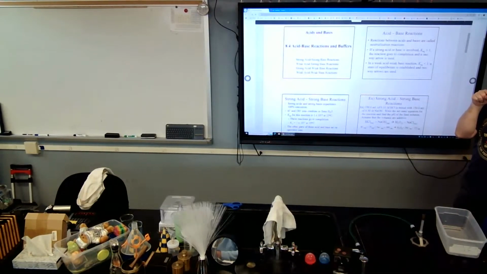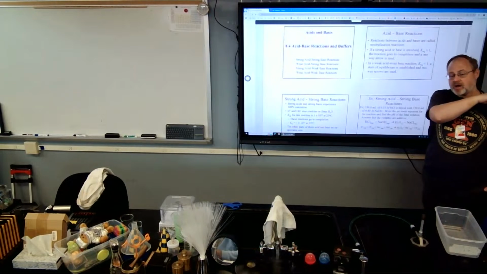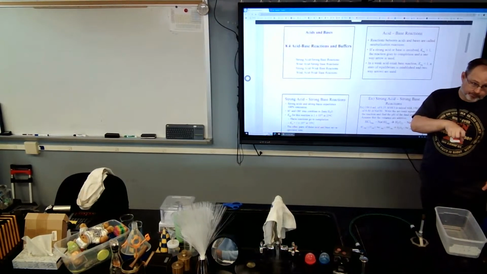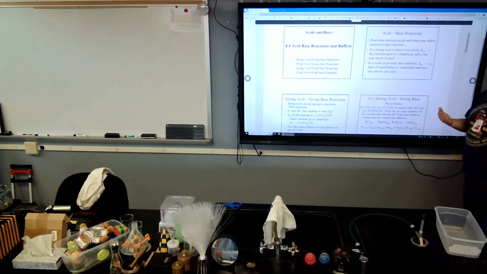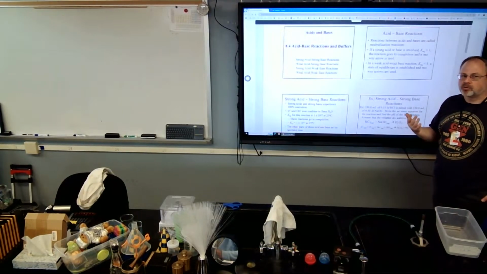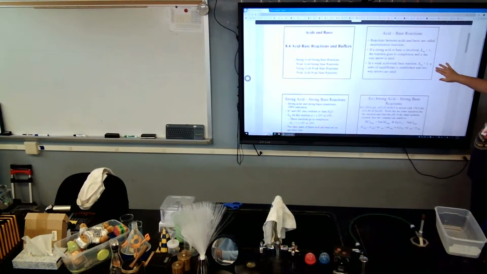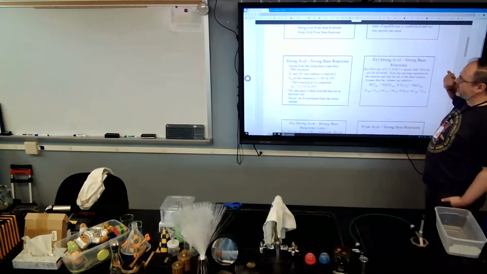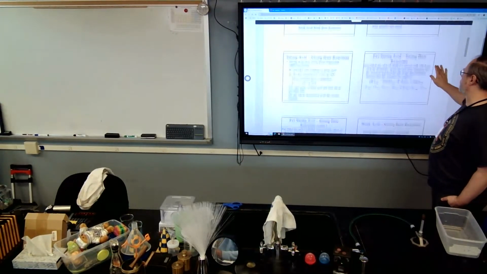You know what I'm talking about? You say 2.5 minus X is effectively 2.5 because the K is much smaller than 1. I can't say for sure you're ever going to get a point for that, but do put it in just in case. It's always one or the other. There's never going to be nuance with this stuff.